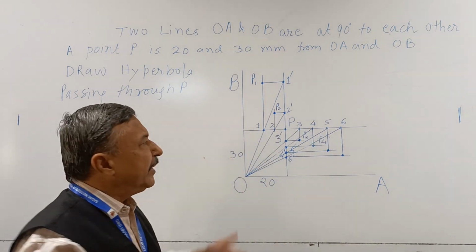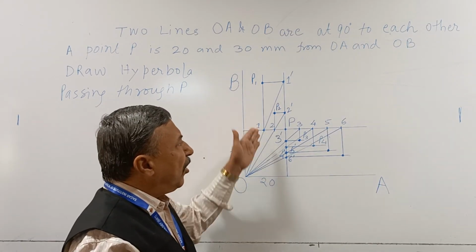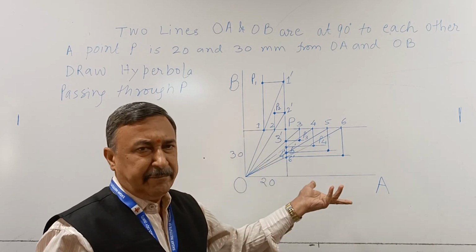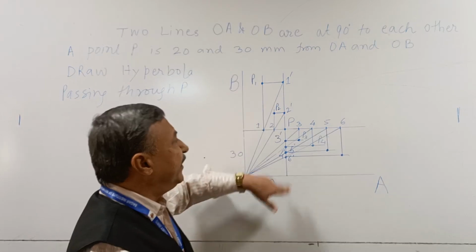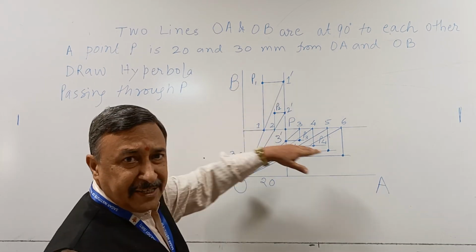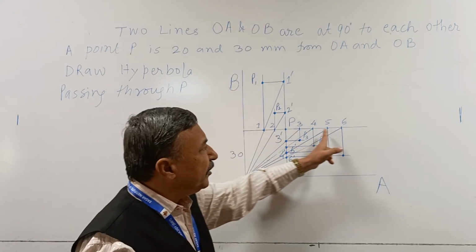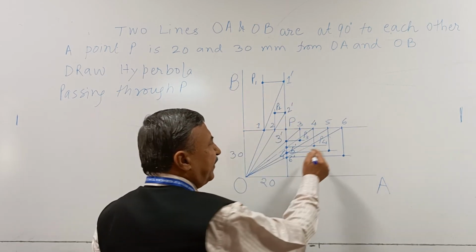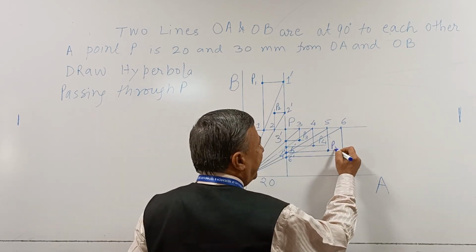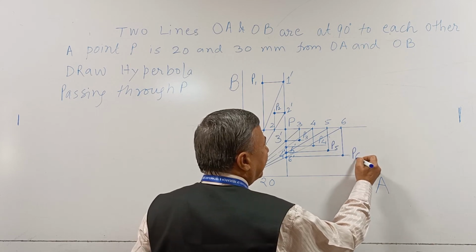If we want, we can draw all these similar lines at a time, such that through 1 dash, 2 dash, 3 dash, 4 dash horizontal lines, and through 1, 2, 3, 4, 5 vertical lines. Okay, so this gives us points P5 and P6.